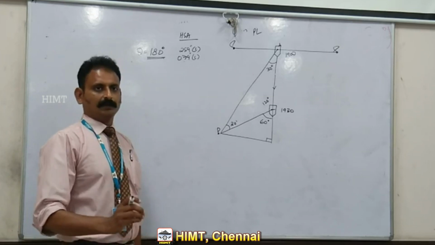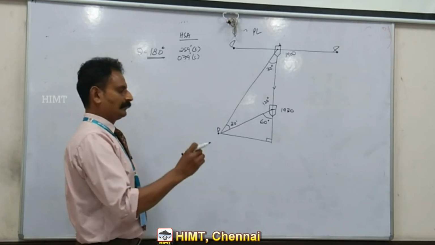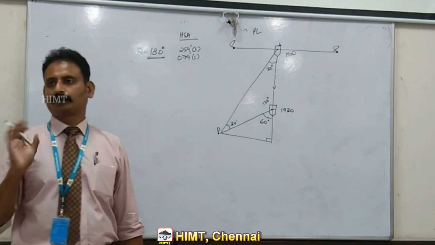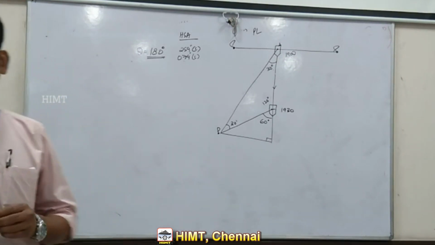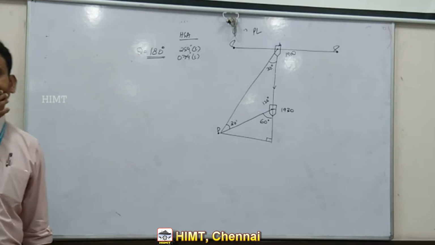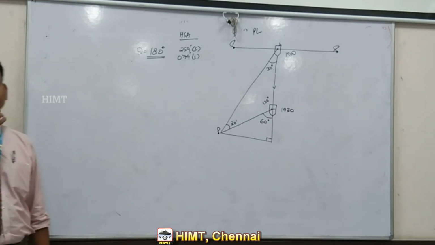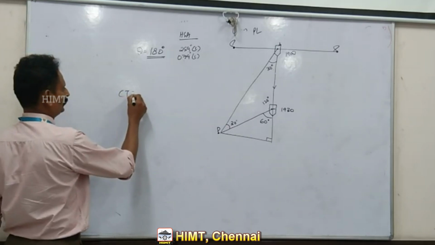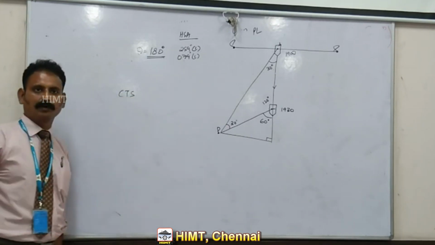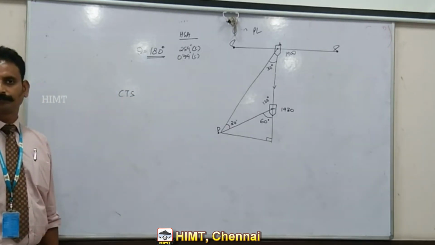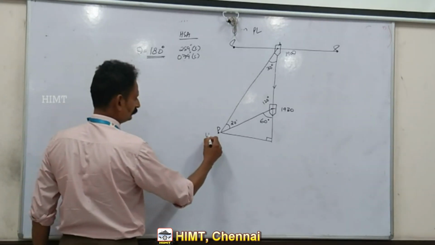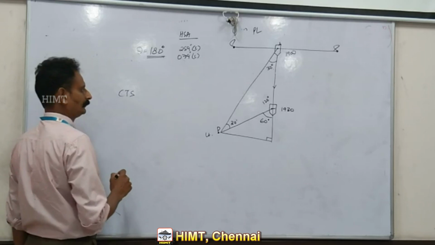You tell me, in this question, finding which side of the triangle is going to help me solve the problem? Which distance? CTS. One answer, somebody is telling me CTS. Is there any other answer or is this the common answer? This side. Which side? On the lighthouse. So tell me what is the name of the side? Hypotenuse.